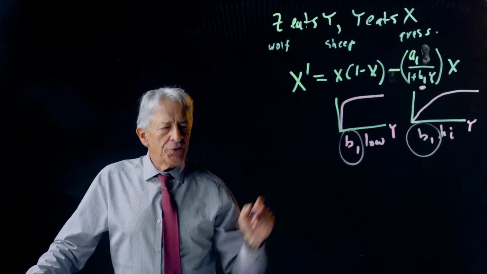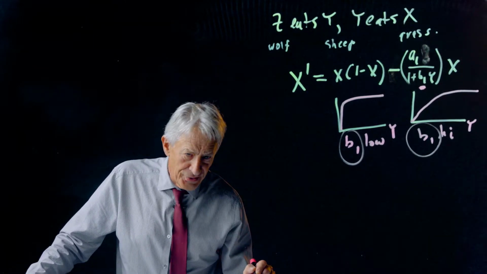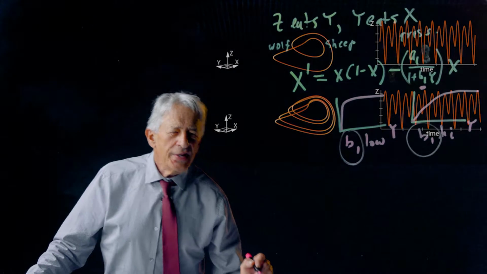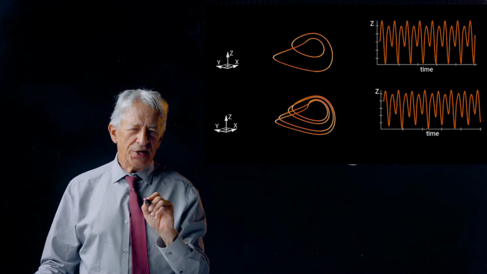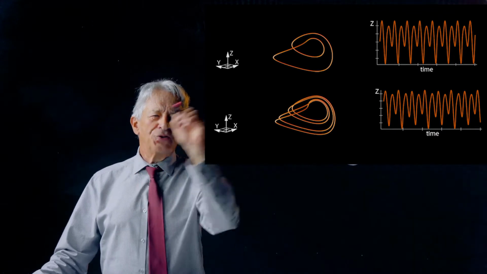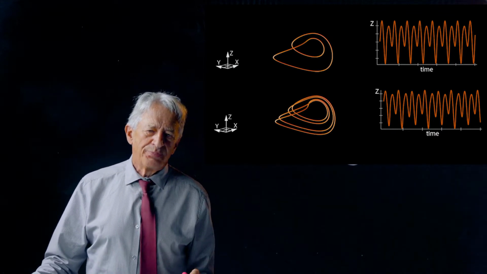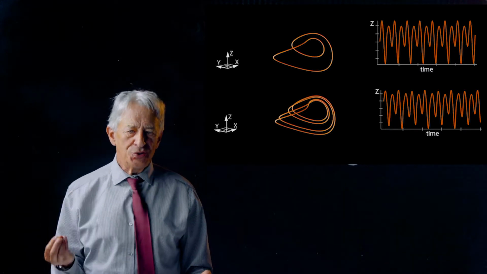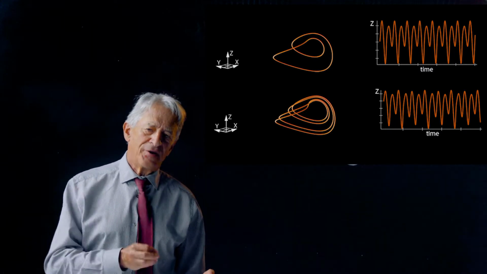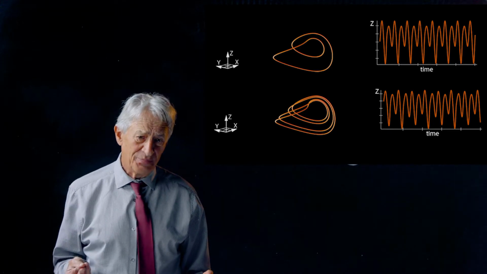Now, if we increase B1 even further, you see that the simple closed loop of the oscillation becomes a doubled loop. And the doubled loop is a period 2 bifurcation from the original oscillation.